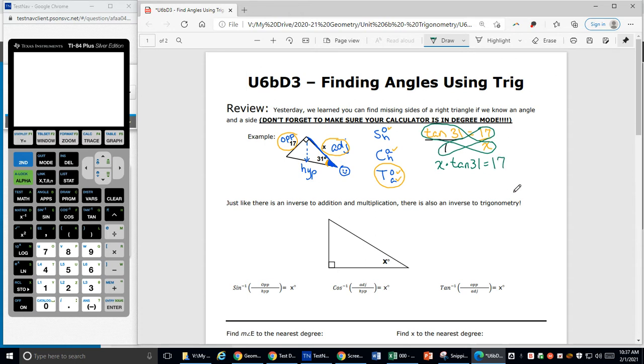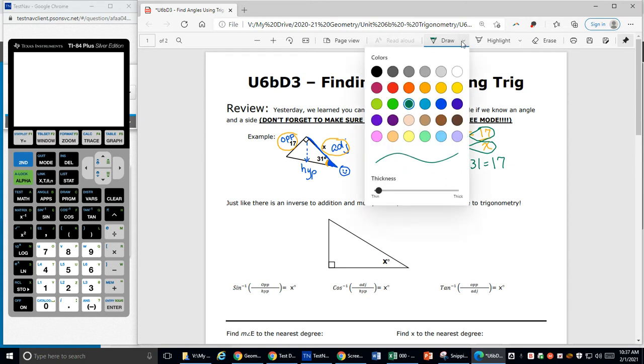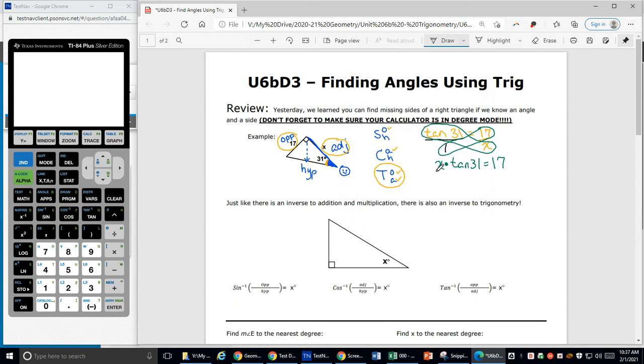And then we had to step back for a moment and say, can I go straight to my calculator or do I need to divide? If this said x equals, then I can go straight to my calculator. But it says x times something. We want x all by itself. So to undo times, the inverse of multiplication, the opposite of multiplication, is division. So I do want to divide both sides by that tangent of 31.